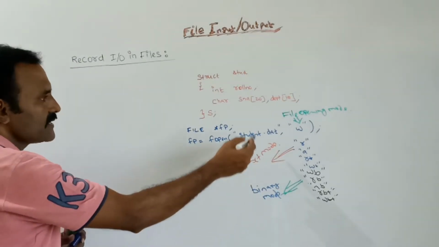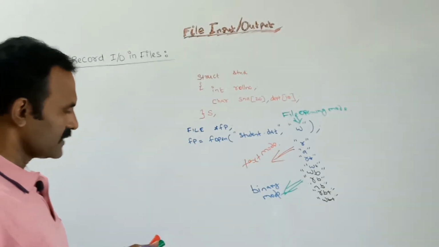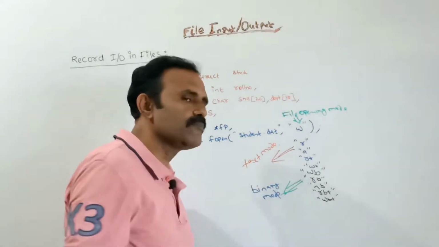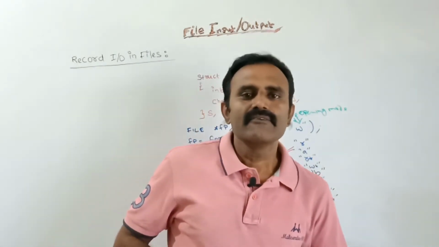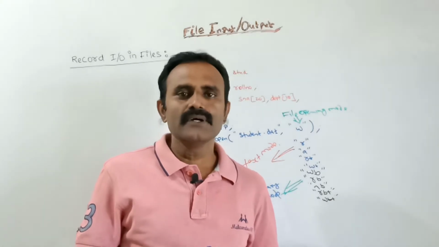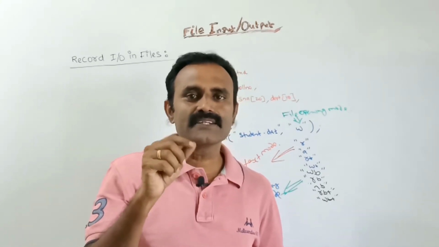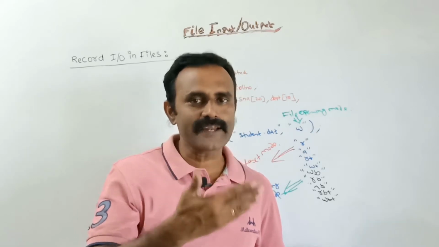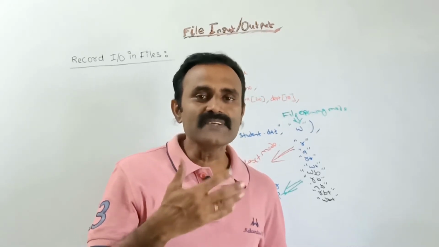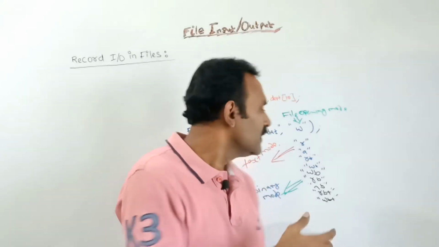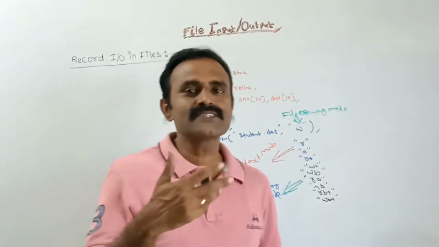So what is the difference between text files and binary files? When we write a program, we store it with the extension .c. That .c file we can easily read. So the files which the user can read are text mode files, that is text files.